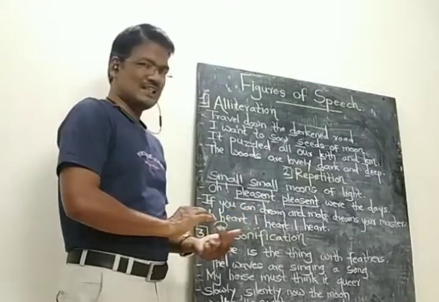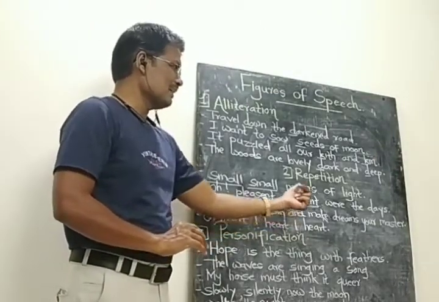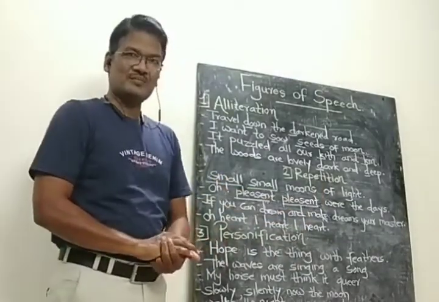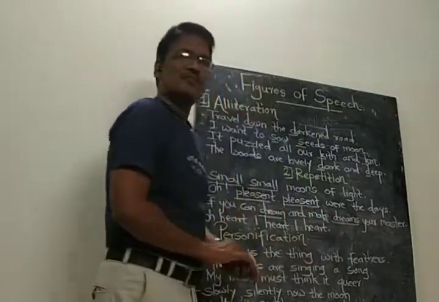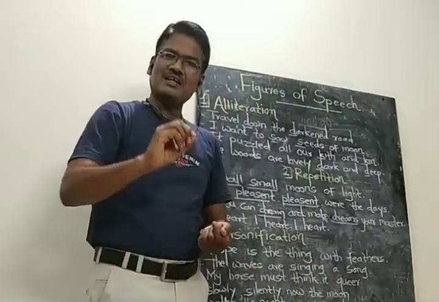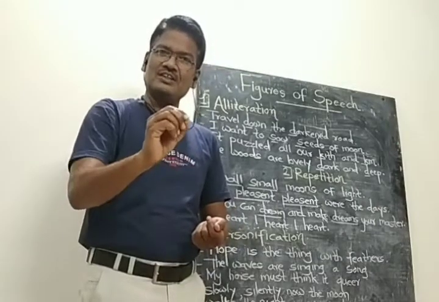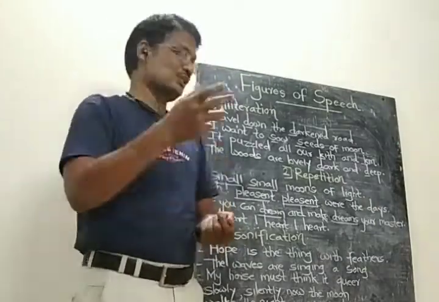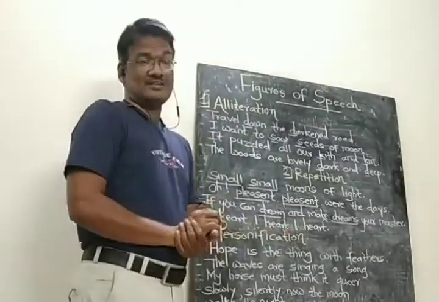Let us see the third example. If you can dream and make dream your master. See, here is a dream. Here is also the same word. When the same word is repeated again and again, this figure of speech is known as repetition. One more: Oh, heart, heart, heart.